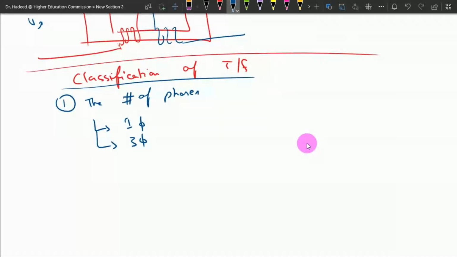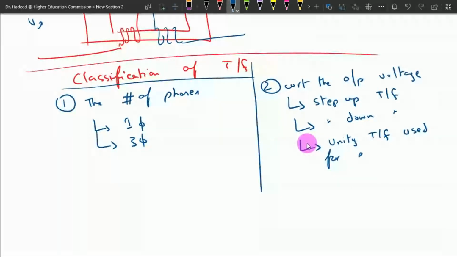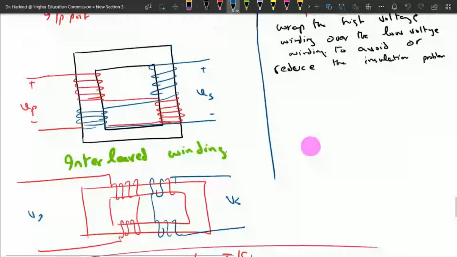Then we have a classification of transformer with respect to the output voltage. Here we have the step up transformer, the step down transformer, and we also have a unity transformer which is used for electrical isolation, because electrically there is no connection between these two wires.